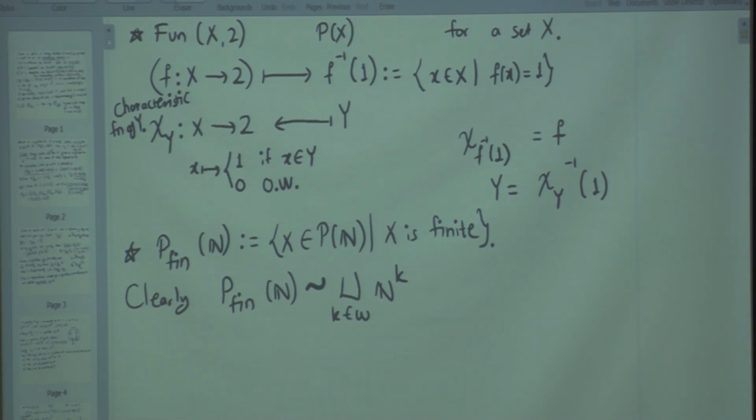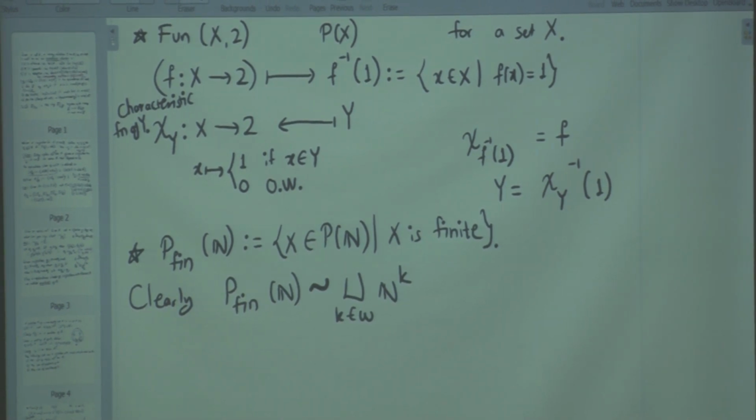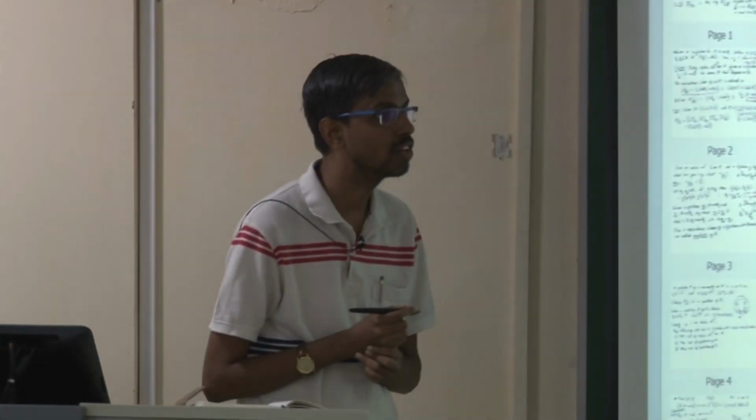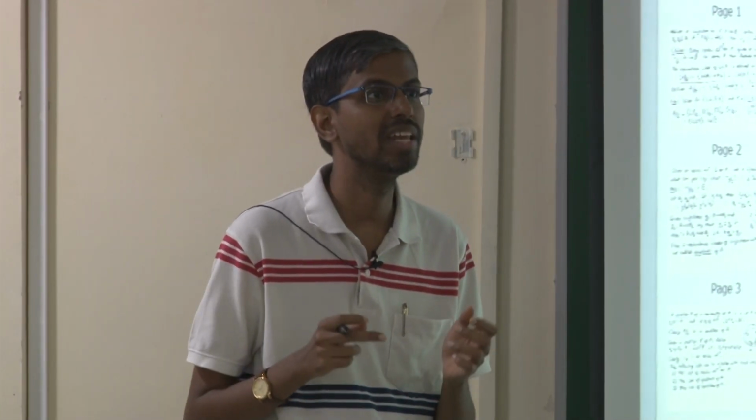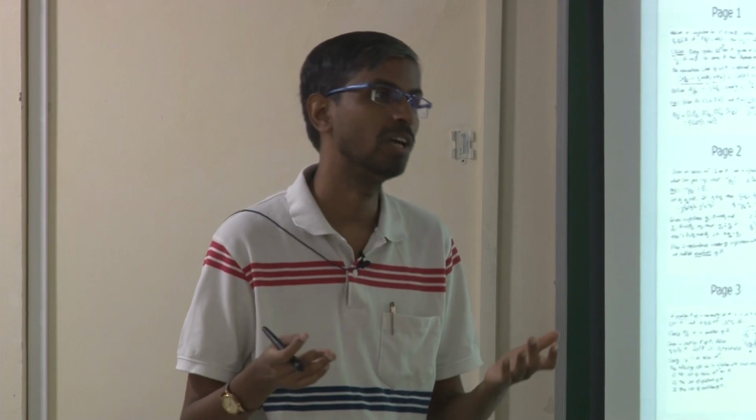Now, is n to the power k countably infinite? Yes. Why? N to the power k is n cross n cross n, k times. Because n is countably infinite, a finite product of countably infinite sets is again countably infinite.